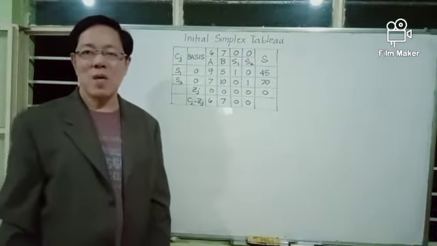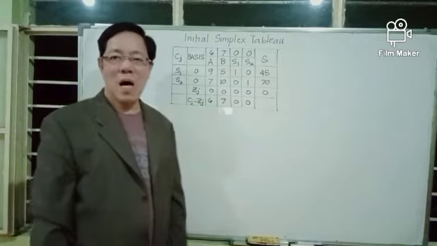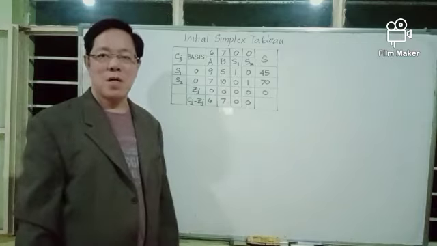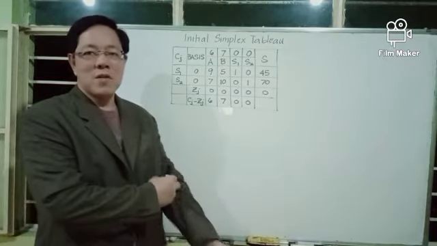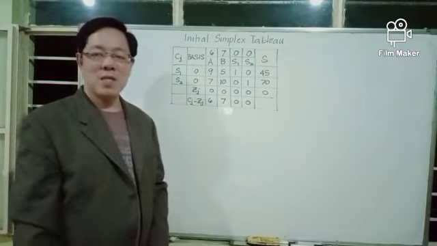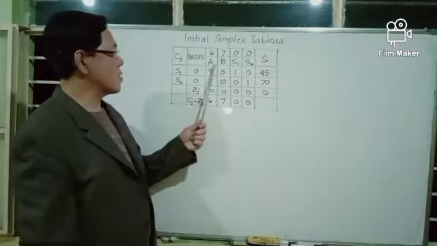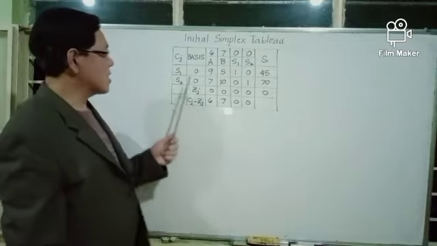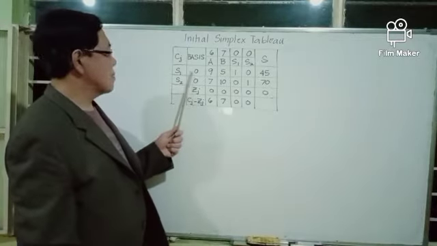Now we will try to improve the value of the objective function from 0. And to do that, we have to have some values for one of the two decision variables. For the second simplex tableau, we determine which of these two decision variables will enter the basis column.